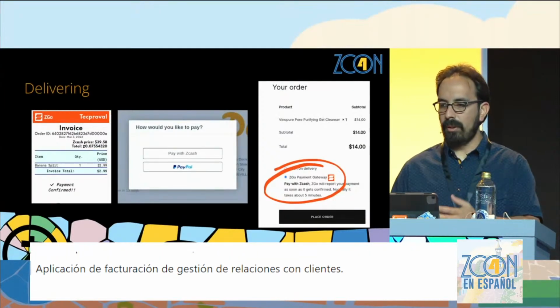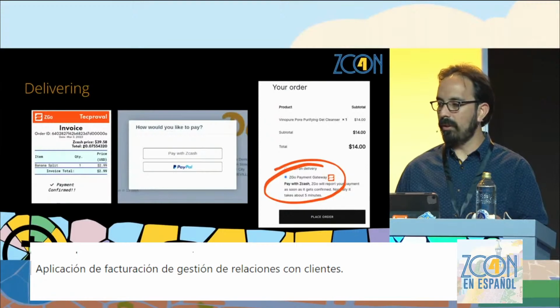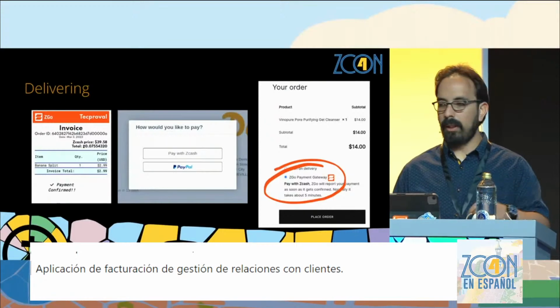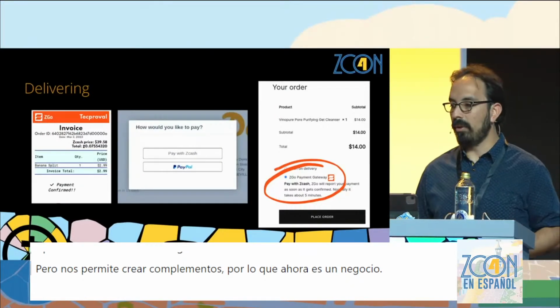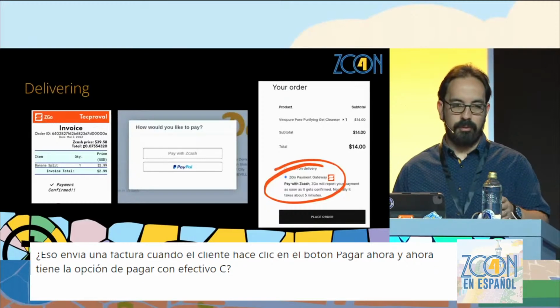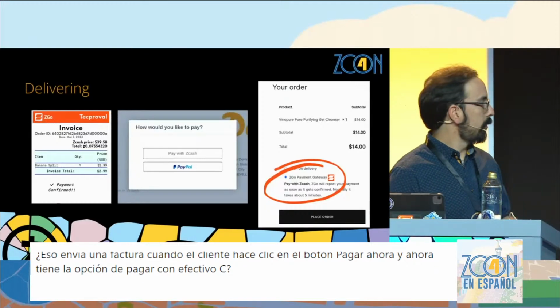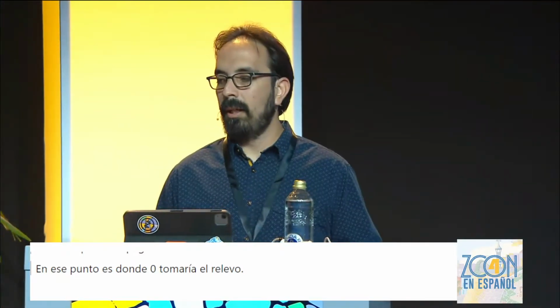But it allows us to create a plugin. So now a business that sends an invoice, when the client clicks that Pay Now button, they now have the option to pay with Zcash. At that point is where Zego would take over, process the payment, and then report that back to the business.